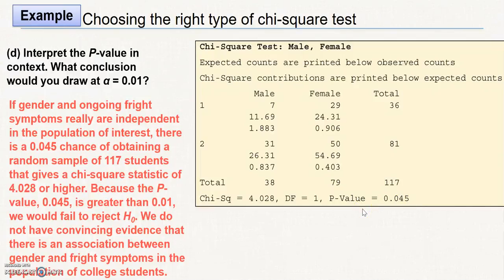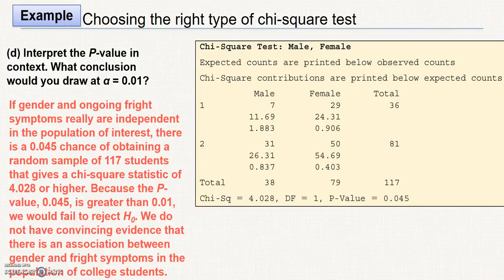So if gender and ongoing fright symptoms really are independent in the population of interest, there is a 0.045 chance of obtaining a random sample of 117 students that gives a chi-square statistic of 4.028 or higher. Because the p-value, 0.045, is greater than 0.01, we would fail to reject H0.